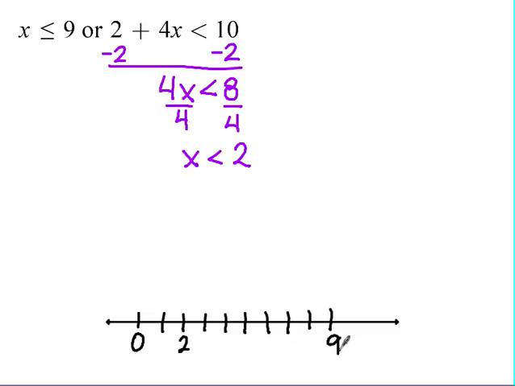So let's start with the x is less than or equal to 9. What type of circle at 9? Shade which way? Okay. X is less than 2. What type of circle at 2? Open. Shade which way? So now my solution.